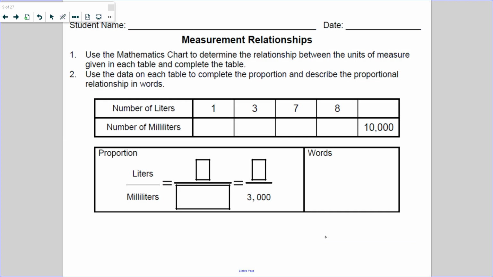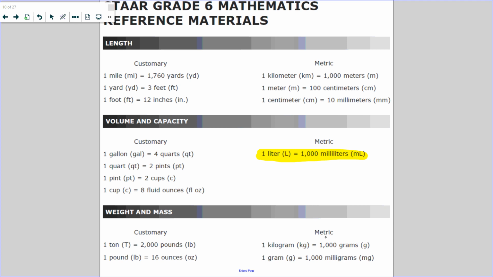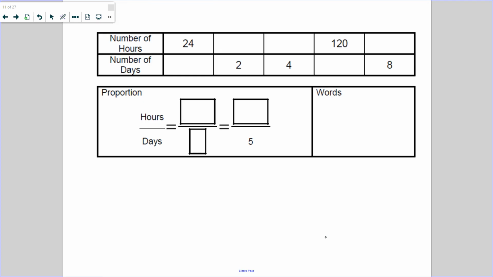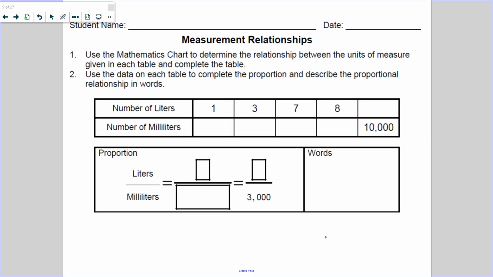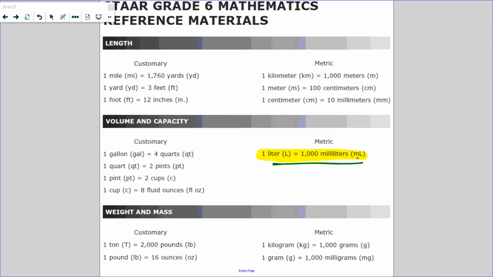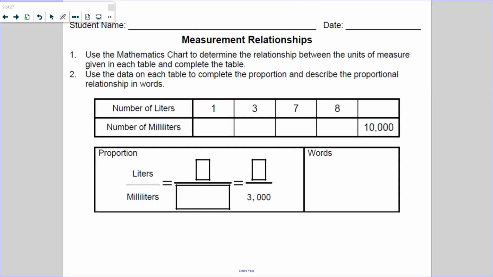So today you'll be given a mathematics chart like this one right here. In your mathematics chart, we're going to be practicing making tables, and we're going to be practicing making proportions. So 1 liter is equal to 1,000 milliliters.